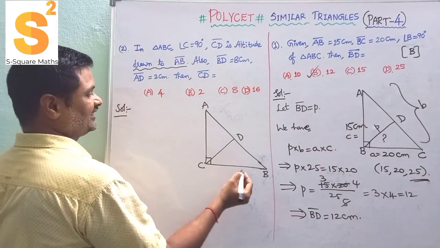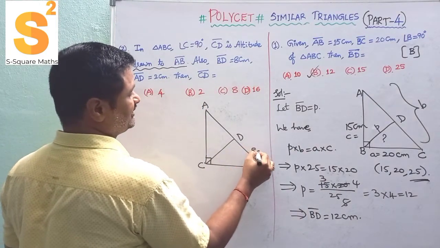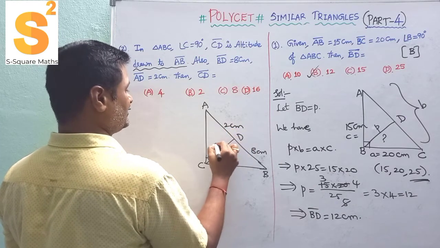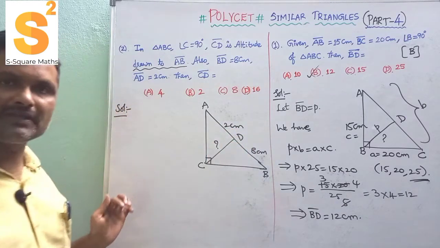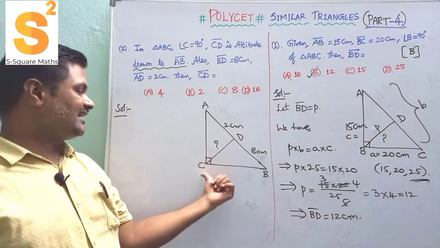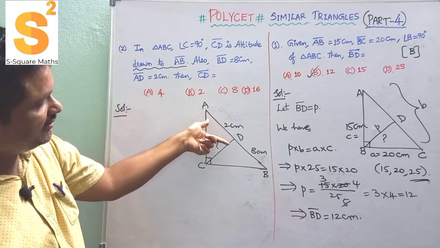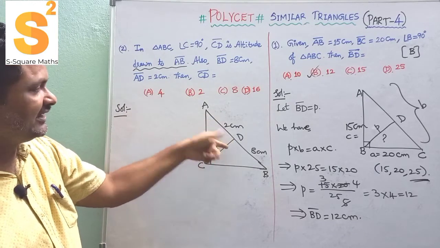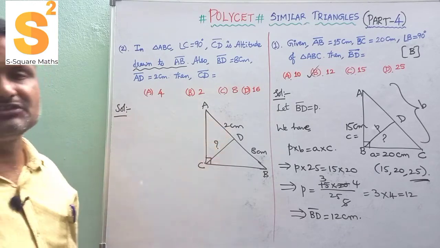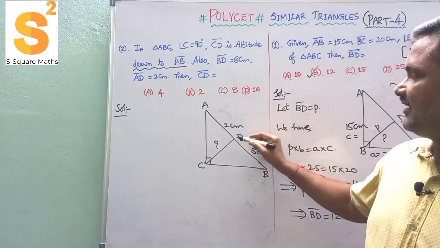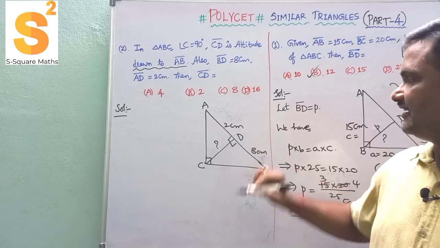BD is given as 8 centimeters and AD is 2 centimeters. Then you have to find CD. Given the segments on AB with respect to the point D, AD and BD, you have to determine the value of CD.